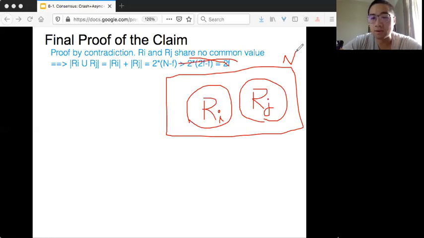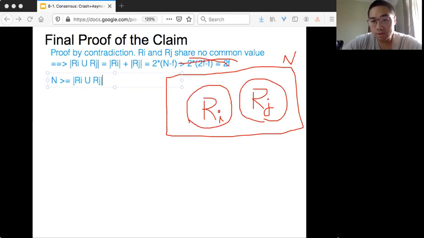There's nothing else. So just by this figure, you will be able to reason that Ri union Rj is bounded by n. N is greater than or equal to this thing. That's the second important observation, just because of the figure.